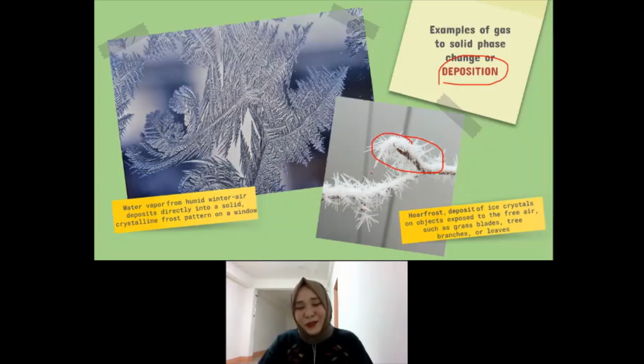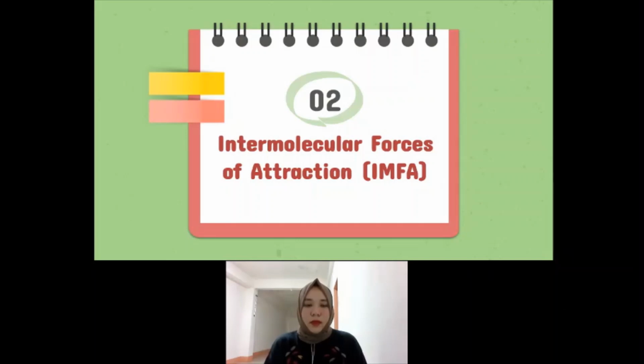We cannot really relate to this because we don't have a winter season in the Philippines, but in areas that experience winter, it's when winter air deposits directly into a solid, thus allowing the formation of crystals. For example, on windows and walls, right? Aside from that, on leaves and branches. So that's deposition. Now, let's proceed to the second part of this video lesson.